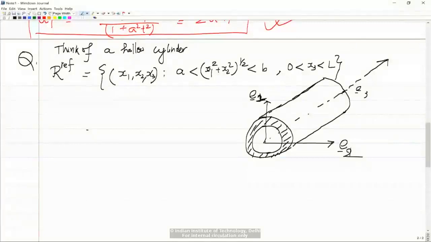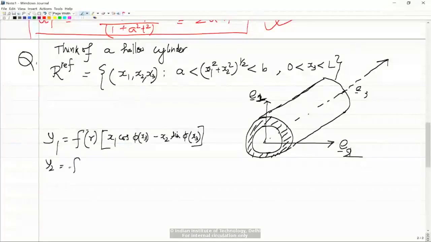And then it says the deformation of the cylinder is happening according to the following formula. So y1 is equal to f(r) times x1 into cos of phi of x3, minus x2 into sine of phi of x3.